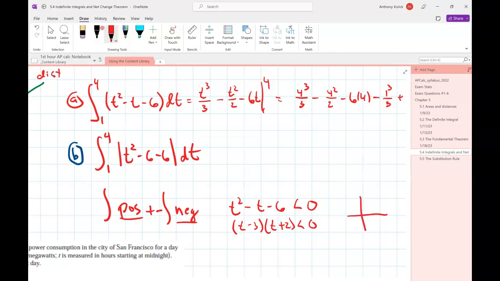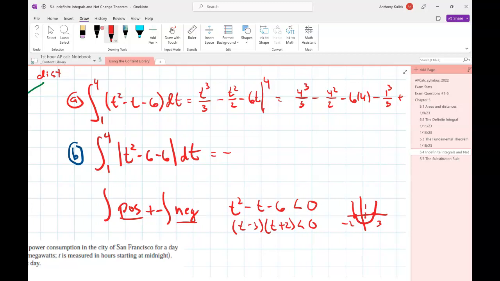If I think about this then, -2 to 3. That's what my parabola is going to look like. I know it opens up because the leading coefficient is positive. So the negative part on my interval is going to be 1 to 3.